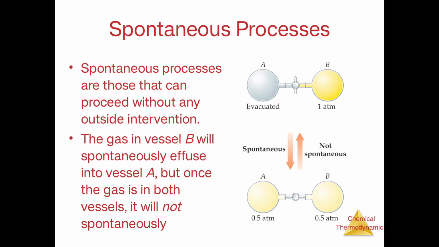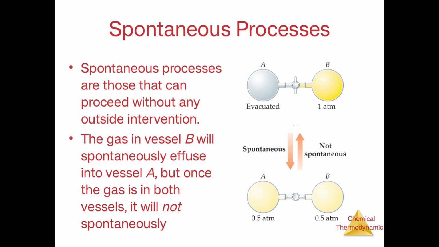I have shown in the picture there are two vessels A and B. In vessel B, a particular gas is filled completely, say under atmospheric conditions, and A is an evacuated one, say an empty one.